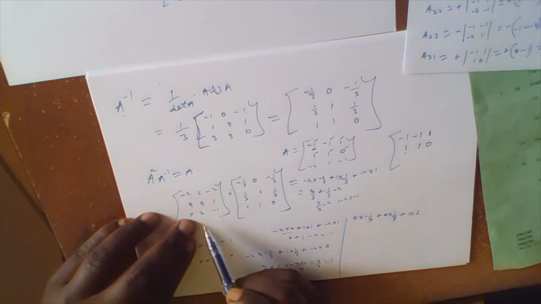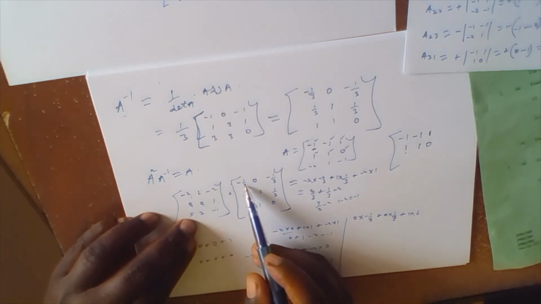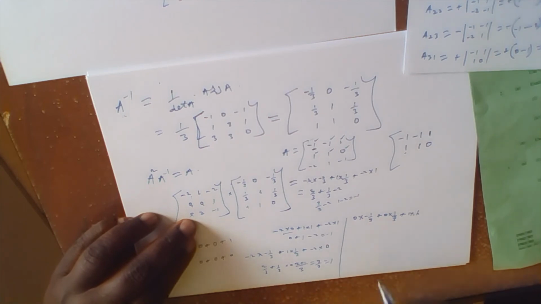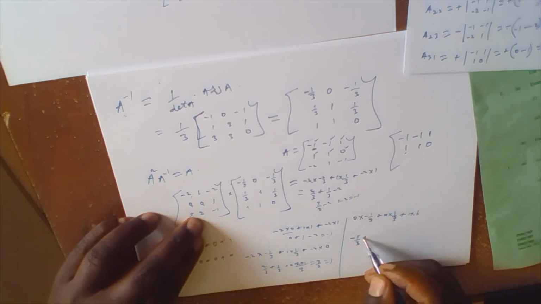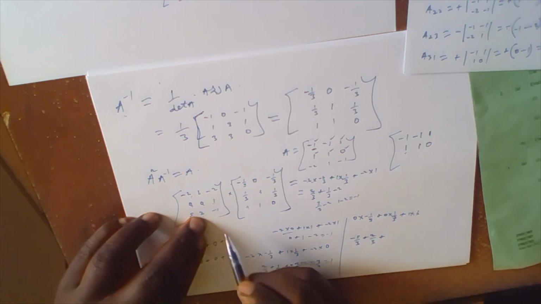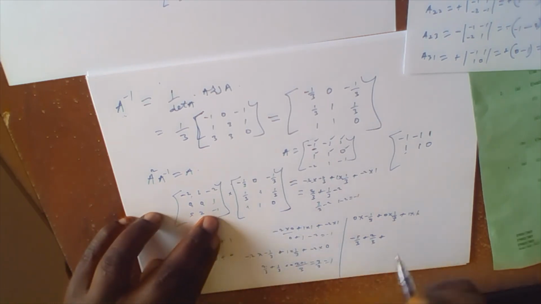The last row, we have 5 times negative 1 all over 3. We have negative 5 all over 3. Then plus 2 times 1 all over 3, we have 2 all over 3, plus negative 1 times 1, we have negative 1.